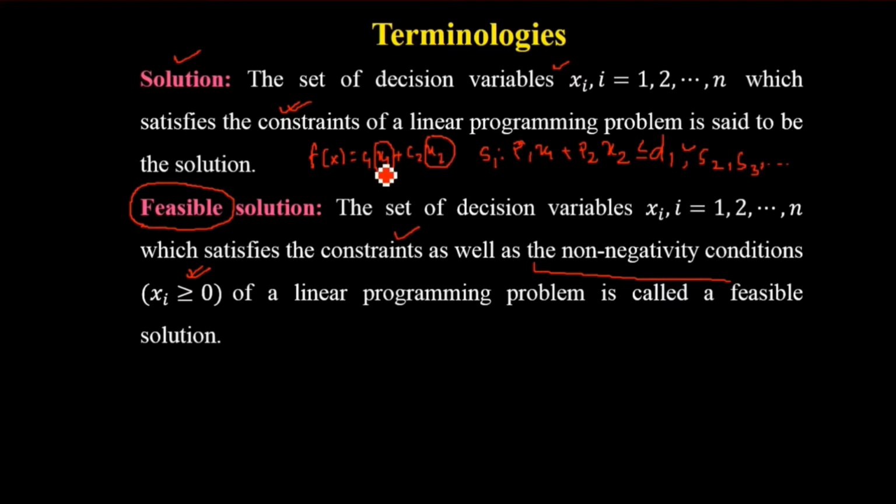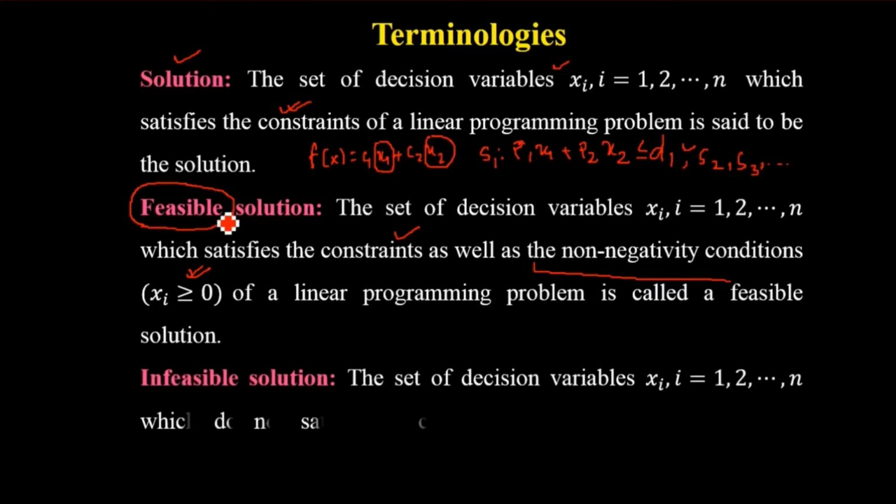Here in the solution, x1 x2 may be negative values which satisfy the constraint, but here we will take only positive decision variables which satisfy the constraints. Now it is clear, what about feasible solution?